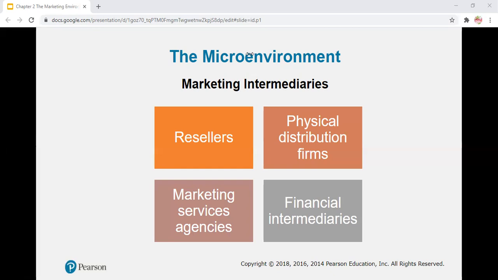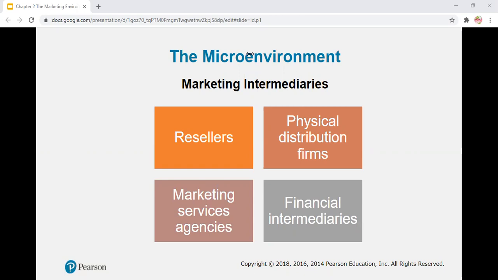Now the financial intermediaries. The financial intermediaries include banks, credit companies, insurance companies, and other businesses that help finance transactions or insure against the risks associated with the buying and selling of goods.